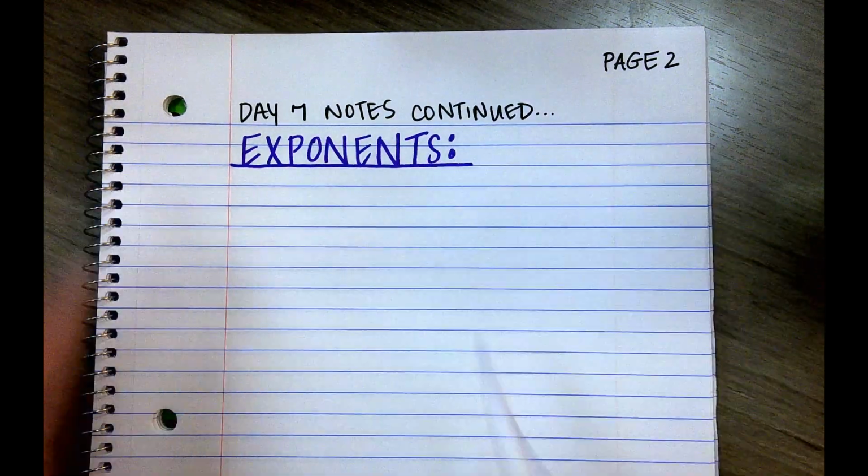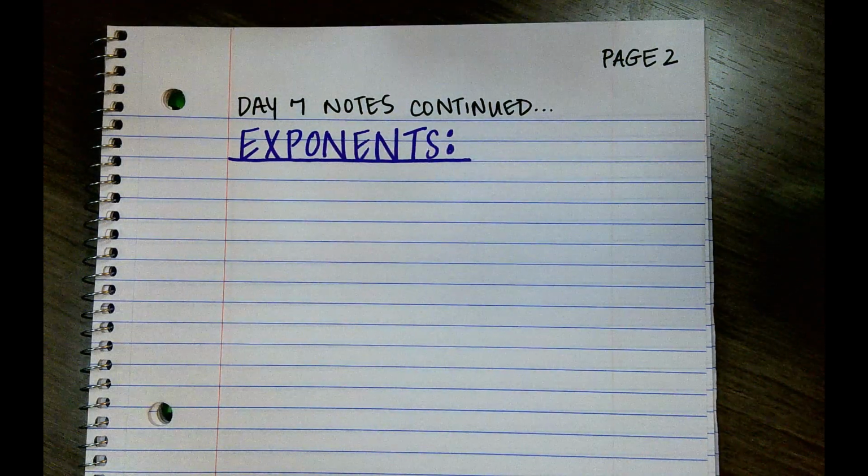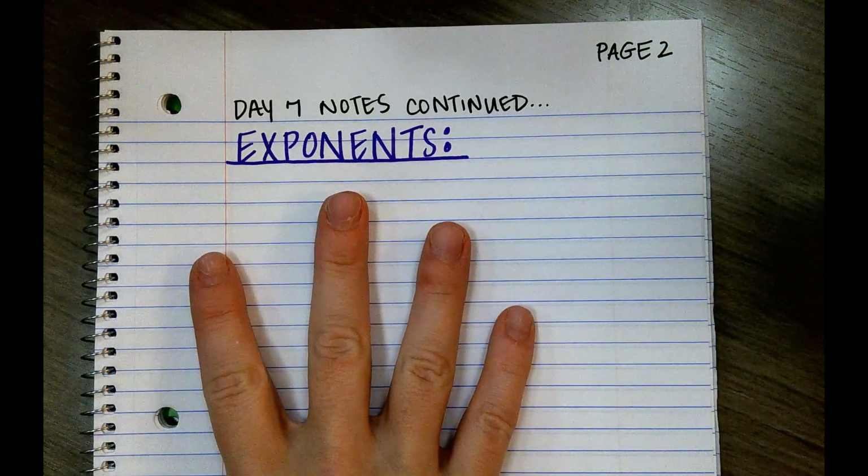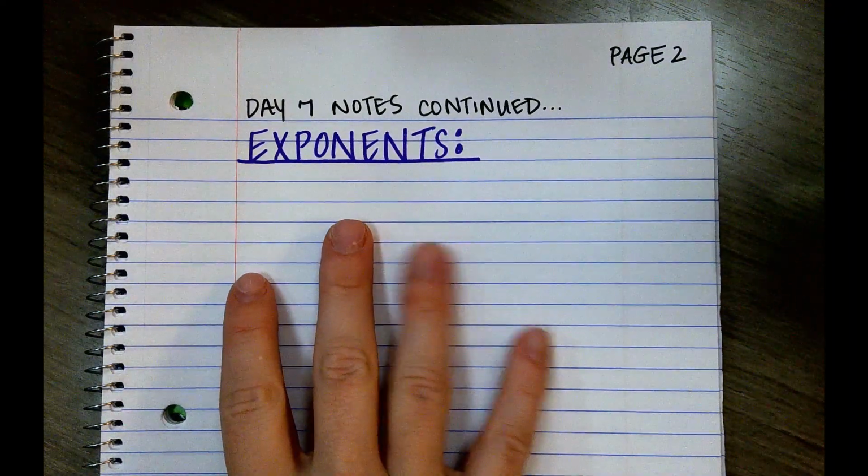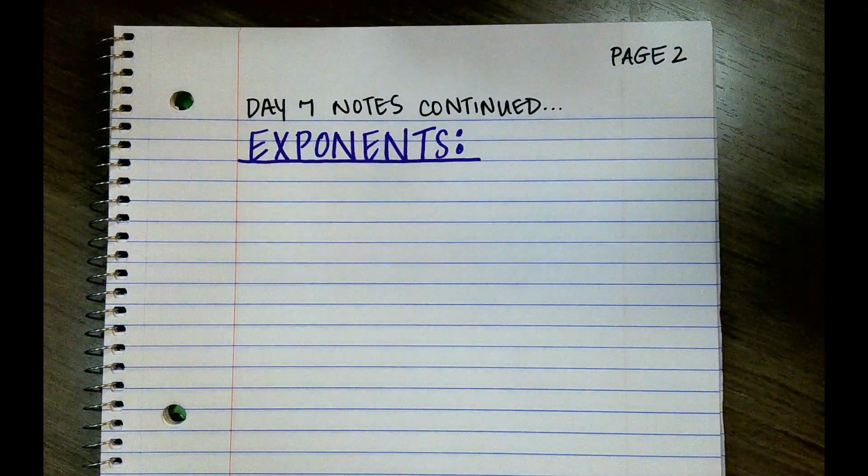All right. Exponents. Up to this point, we've talked about four operations: addition, subtraction, multiplication, division. Exponents are really just an extension of multiplication.